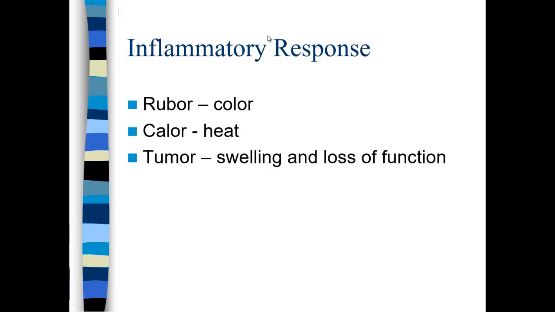It's just something that happens because of swelling and loss of function. So the site of inflammation swells up, and then dolor, pain. Okay, so you've got pain in your response, and please remember those for the final exam: rubor, calor, tumor, and pain or dolor. Those are good terms to know.